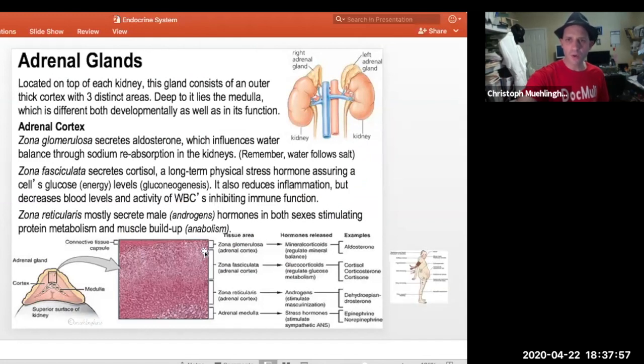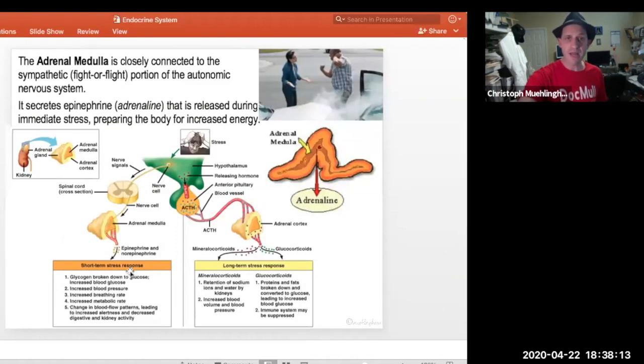The other hormones come from the cortex. One of the hormones we talk about is cortisol, and that's from the middle layer. You don't need to memorize anything other than what's on the test review of these words. Make sure you don't go crazy on that. What's interesting is that epinephrine is a short-term stress response. You get on the freeway, some jerk cuts you off, and you freak out.